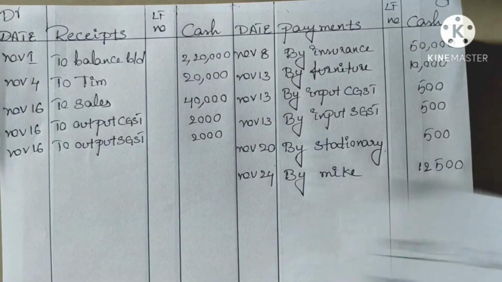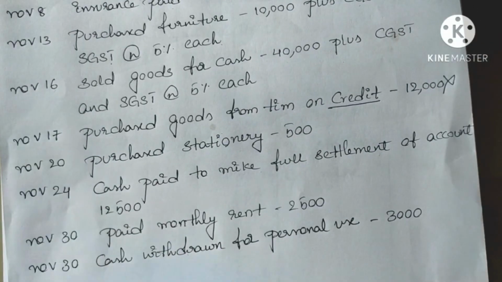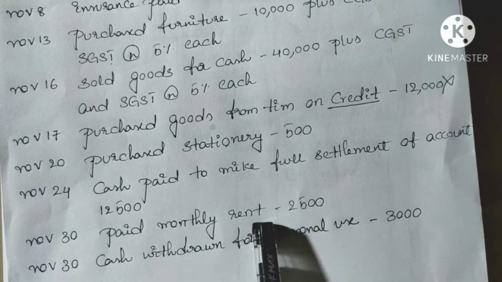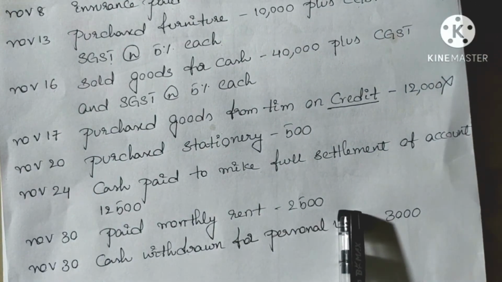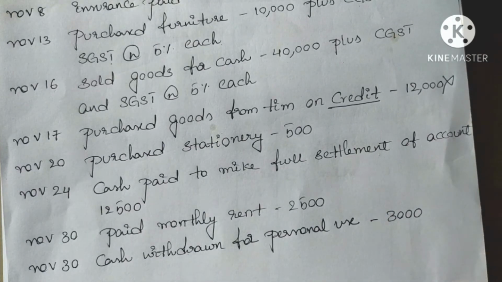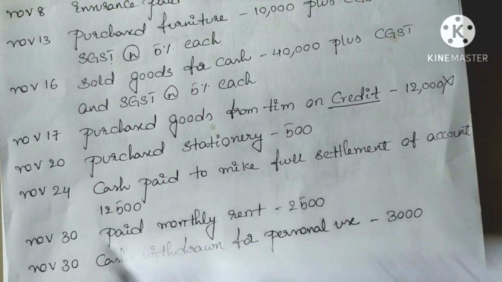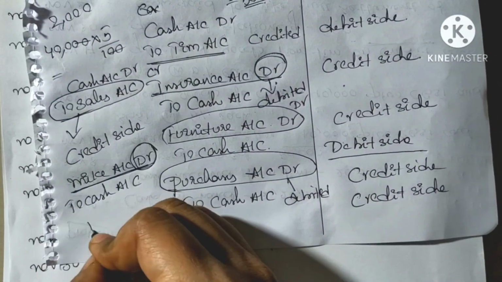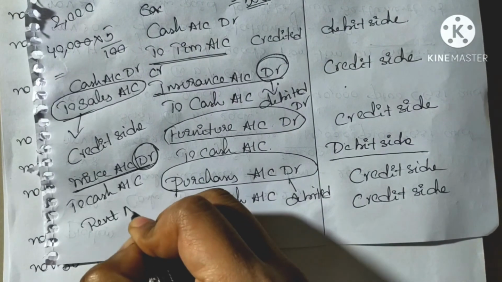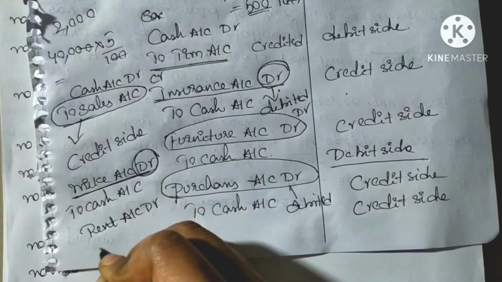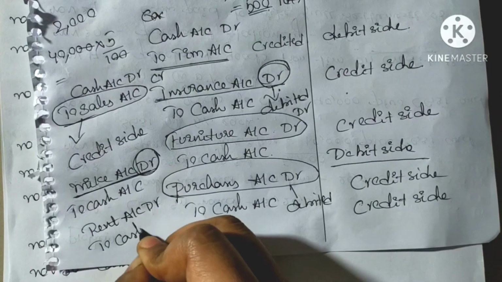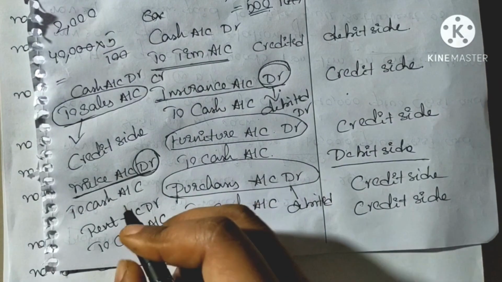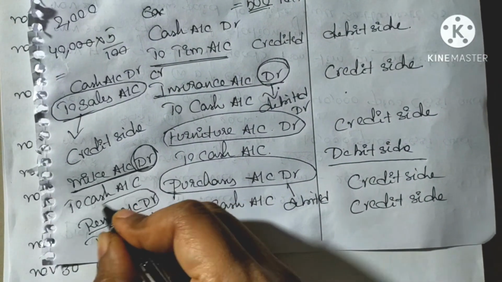Next transaction is paid monthly rent 2,500. Whenever we have paid, it will come under the payment side. But the journal entry would be rent account debit to cash account. Okay. Here rent is debited.